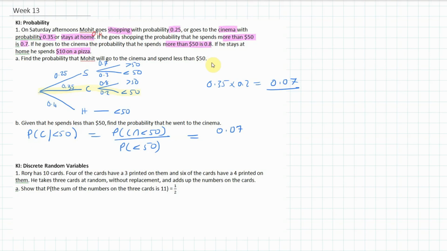Now for the probability of under 50, there are different ways of getting it, three altogether. So we just pop them in. The first one is 0.25 multiplied by 0.3. The second one is the 0.07 we've got, and the last one is 0.4. When I pop that into my calculator, I get 0.128.